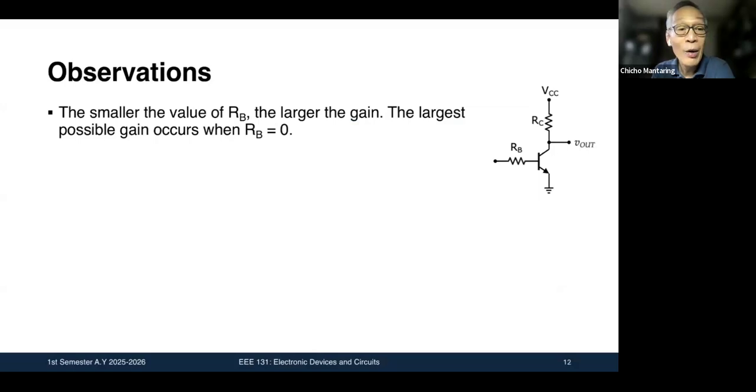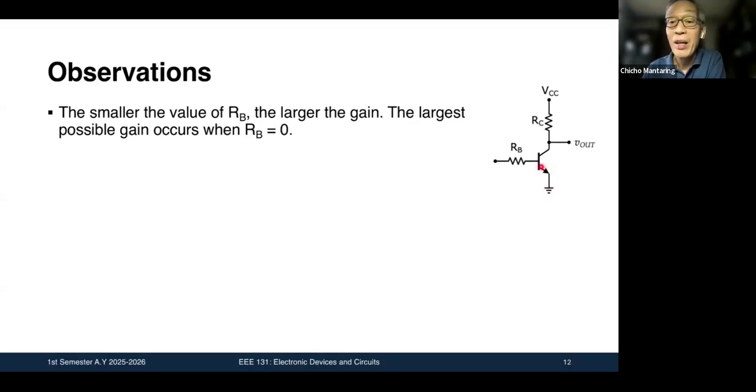In fact, the largest possible gain occurs when RB is equal to 0. When RB is equal to 0, we can no longer use the constant voltage drop model of our base emitter diode.